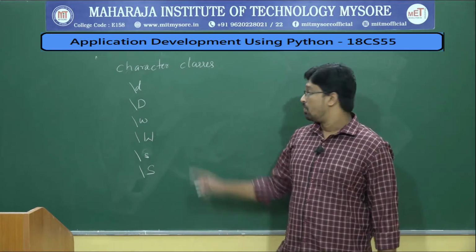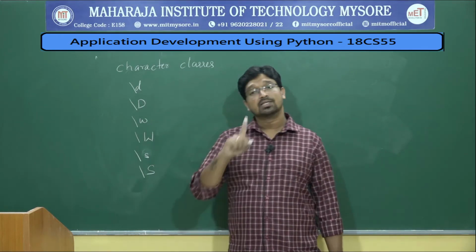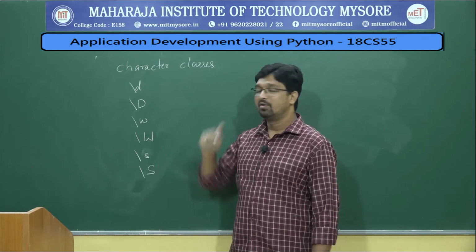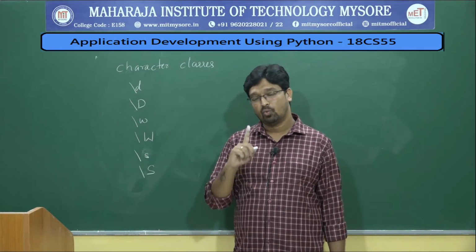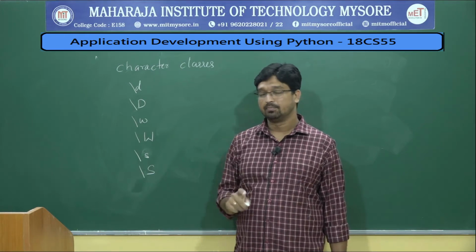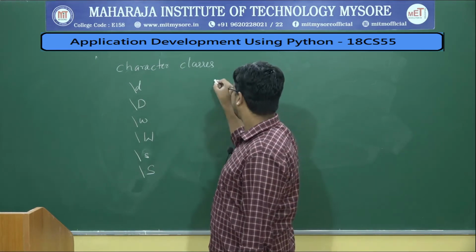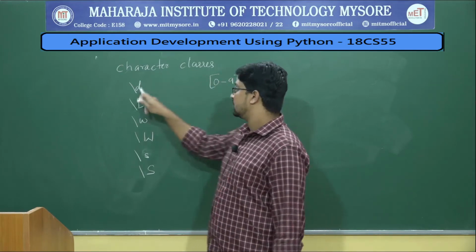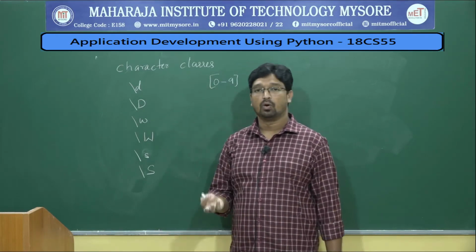Okay, here small d will match a single character where it is a digit, means any number should be between 0 to 9. Only such things are allowed.